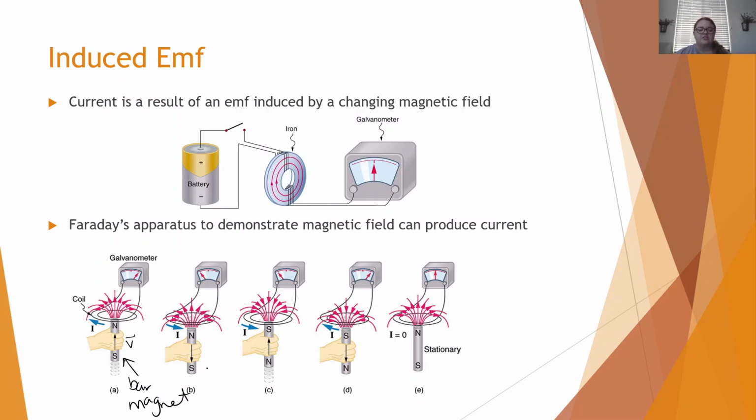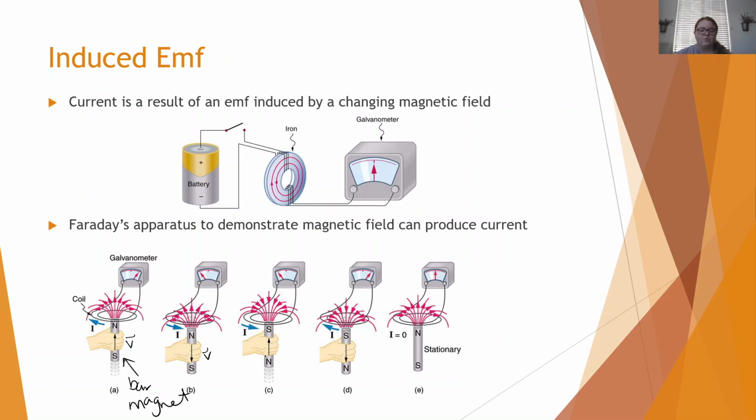Now let's look at the next one. The person moves the bar magnet downward. We still have the same type of magnetic field, but now the current is moving in the opposite direction.